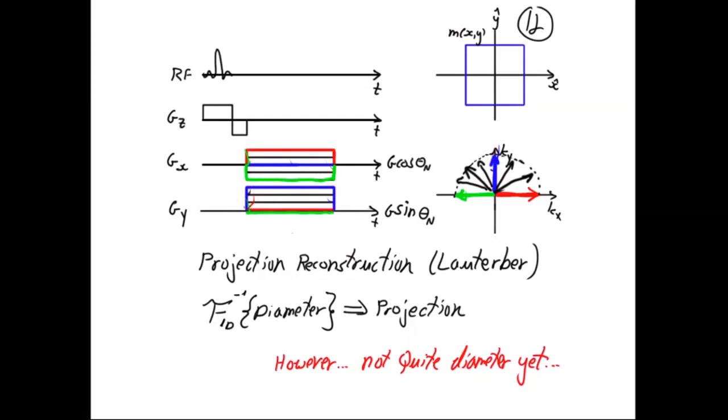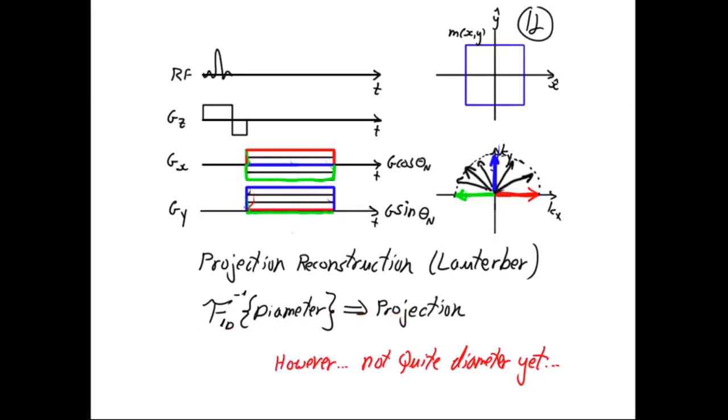And then if I run the green sequence where I apply a negative GX and GY being 0, then that will traverse the frequency domain from here to here. Okay, so now you've seen that I've collected half a circle in the frequency domain. A full diameter is actually a projection, right? If you remember, the Fourier transform of a diameter will give me a projection.